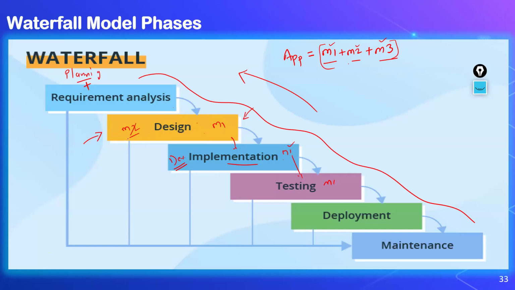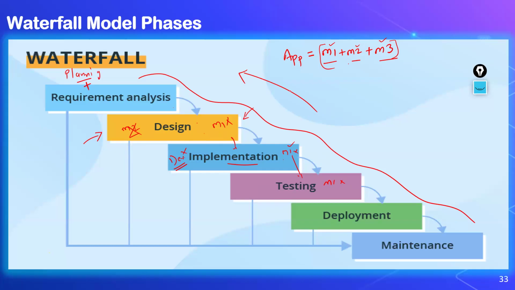No, that way it doesn't work in waterfall. All application design, all application development, all application testing will be at once. And because of that, it is a very time-consuming process.